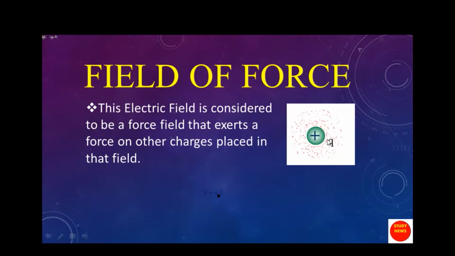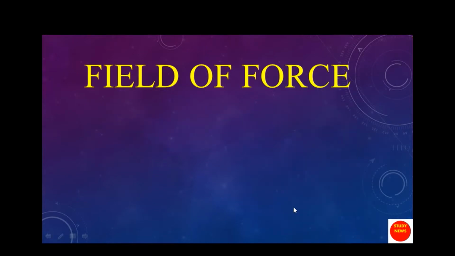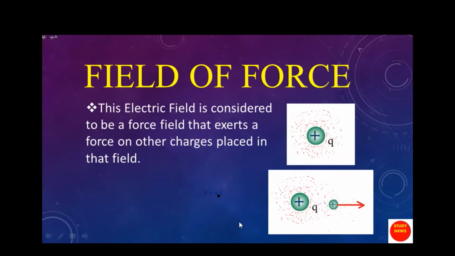The strength of the dots is much greater closer to the charge as compared to far away from it. If we place a positive point charge within the field of this positive charge, then we will have a repulsion force on this point charge.